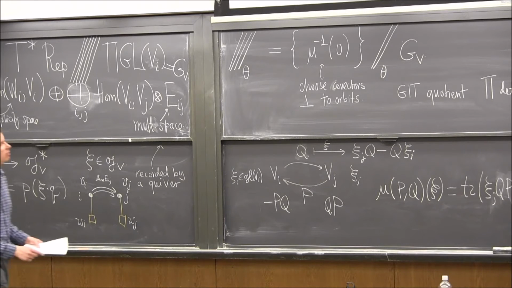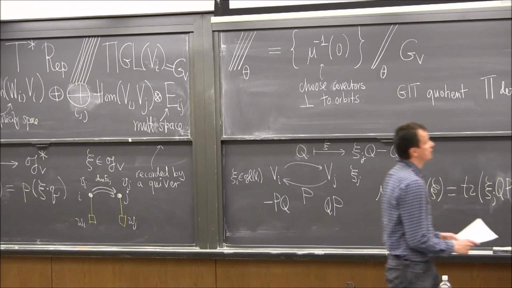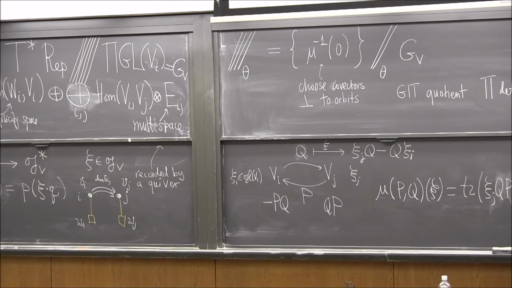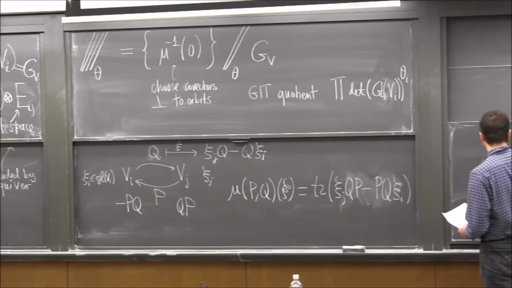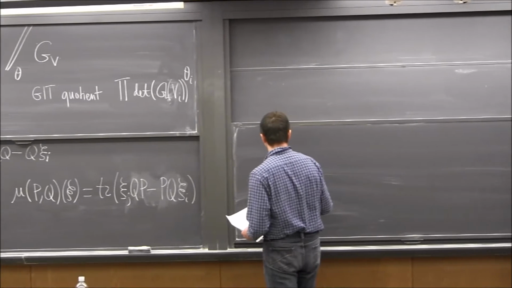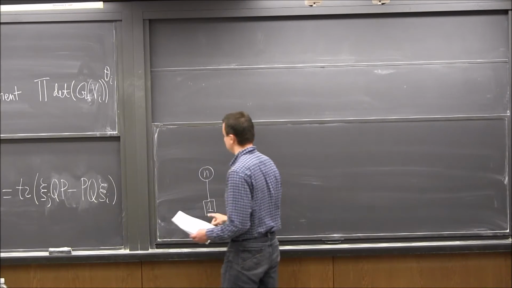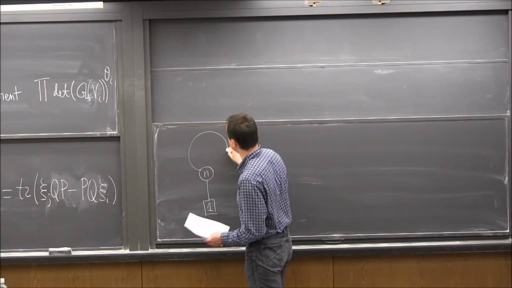And so then the example we started considering last time is that when I take this data, I take my quiver here with dimension n and my framing space. This is called framing. So my framing space is one-dimensional, I take one bit here.